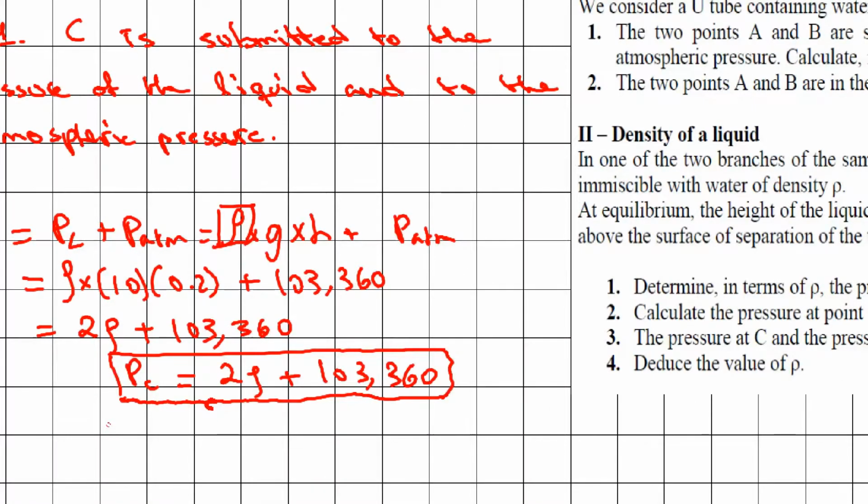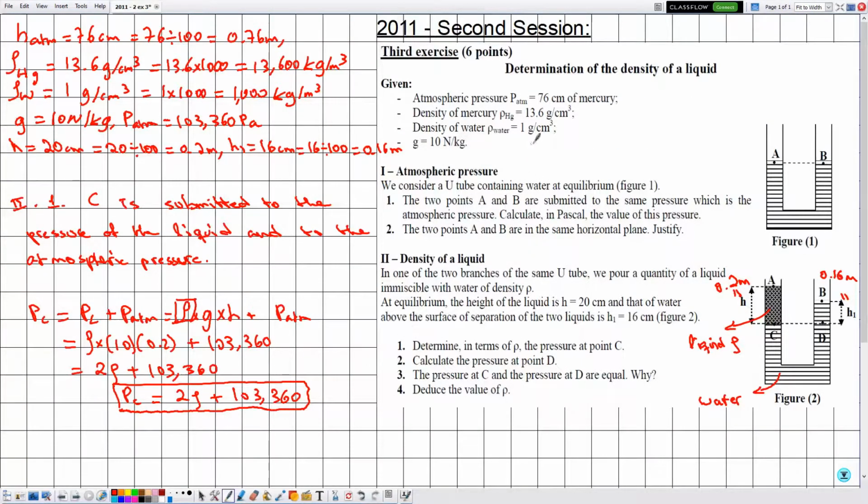Notice that for this number I didn't include any unit, so whenever we have determined a quantity in terms of another quantity, it's better not to include any unit. So here let me write that PC is equal to 2 rho plus 103,360.